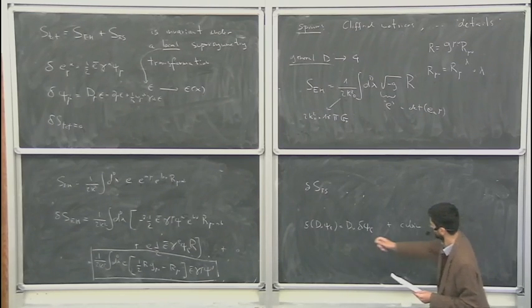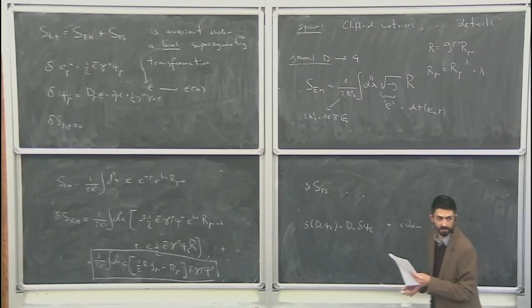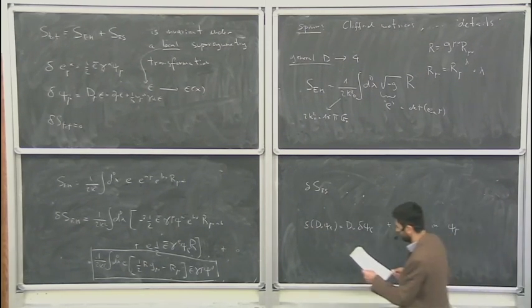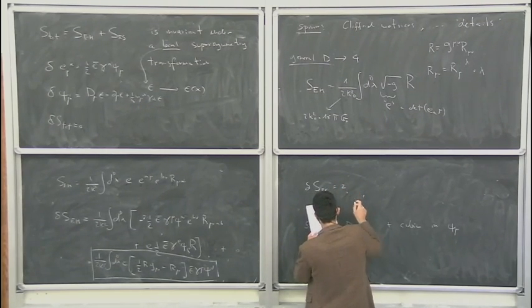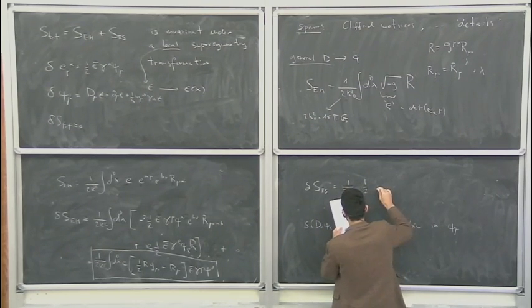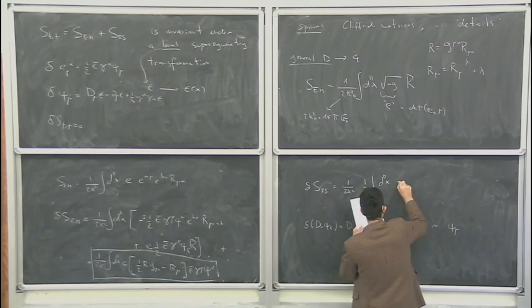At first order in the variation of the fermions, you can pass the variation through the covariant derivative, but in principle you have higher order terms that we are neglecting. And then, if you do that, soon enough you'll find this expression here. There's a 2κ² again, there's a factor of 1/2, and then the following thing appears.